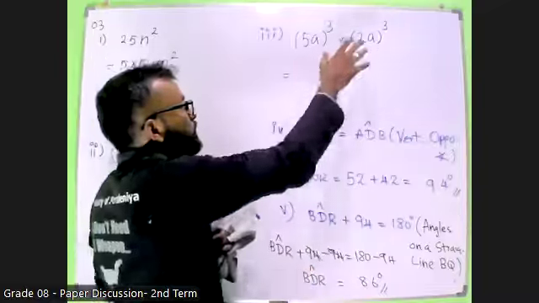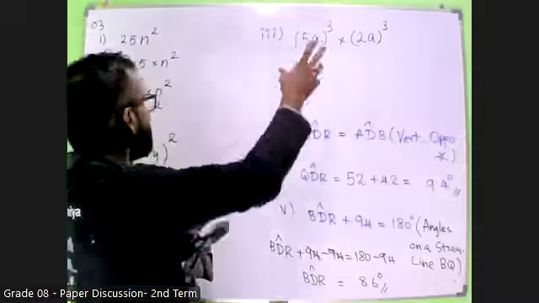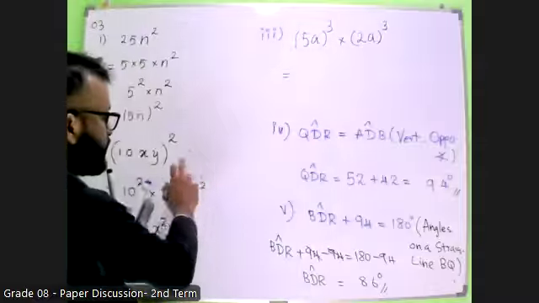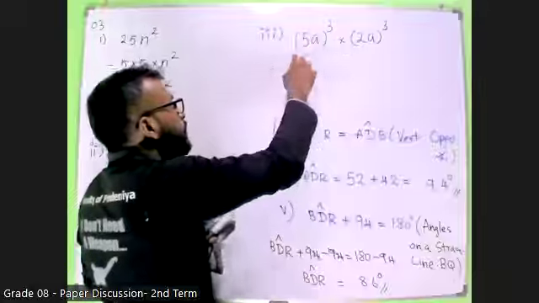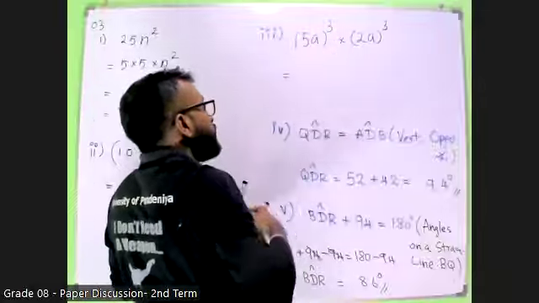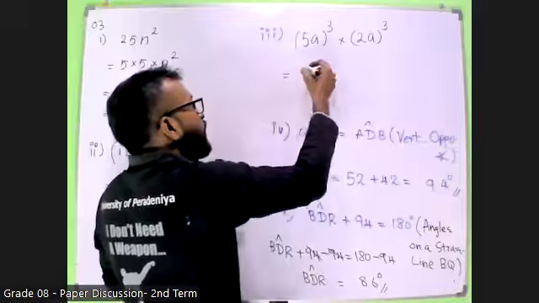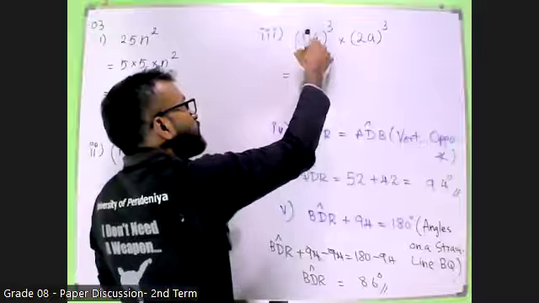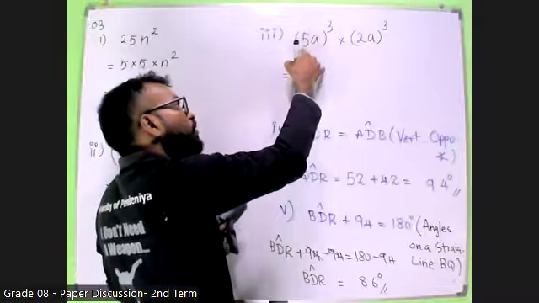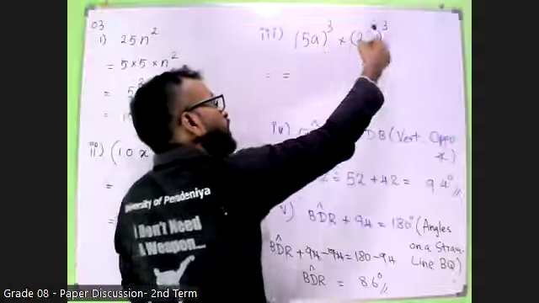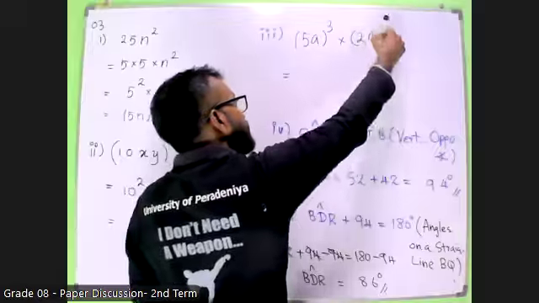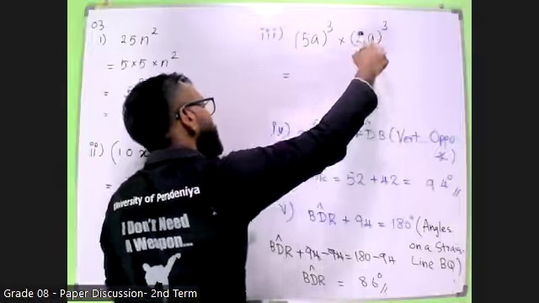So you have to expand this one. Previously we did it something like this, power of products, and you need to expand. This power 3 belongs to 5, this power 3 belongs to a, this power 3 belongs to 2, and this power 3 belongs to a.